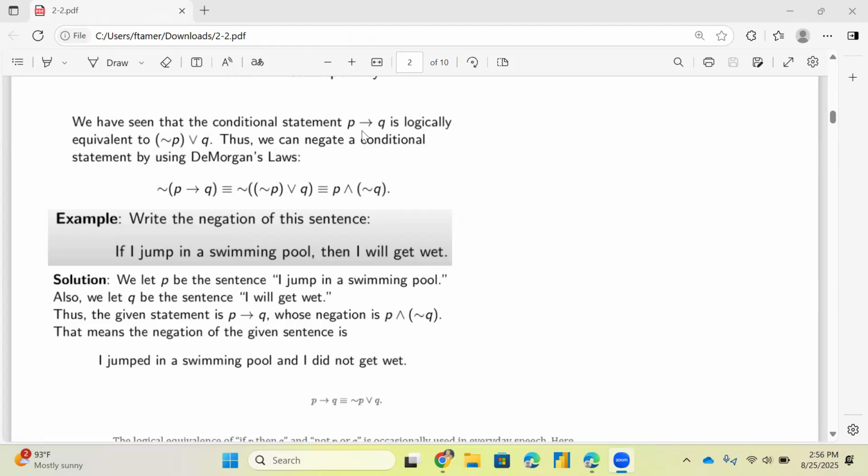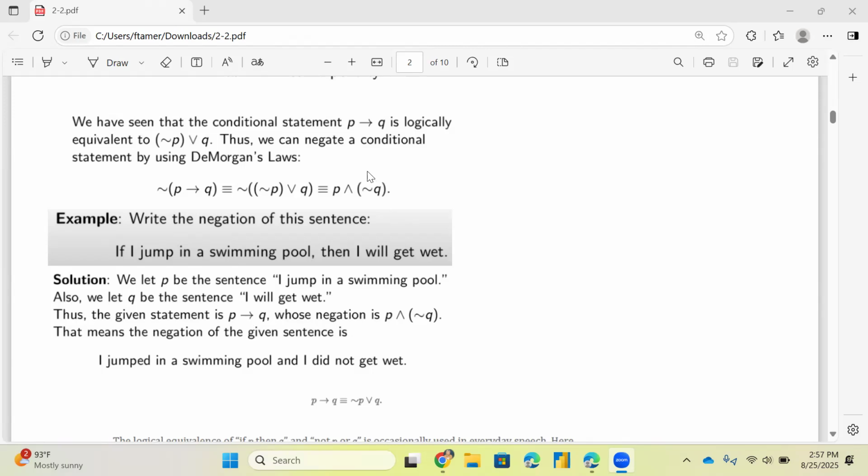So far what we know is that whenever we have an if P then Q situation, it is logically equivalent to not P or Q. But the negation of this conditional statement will be P and not Q. So when we go back to this example, P is the sentence, I jump in a swimming pool, and Q is the sentence, I will get wet.